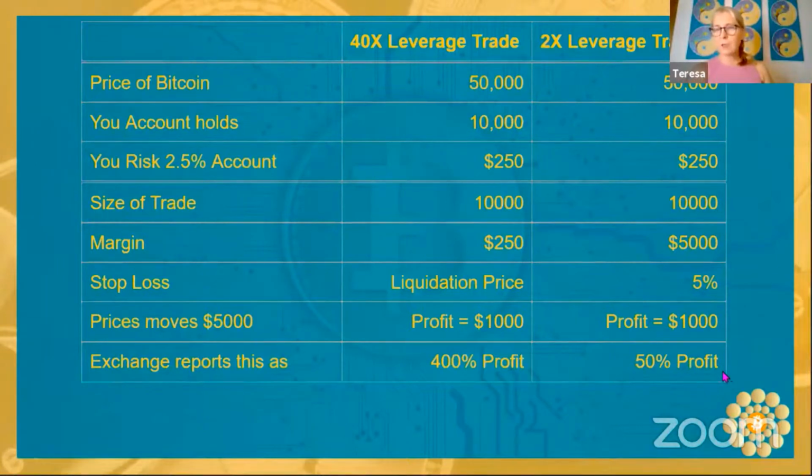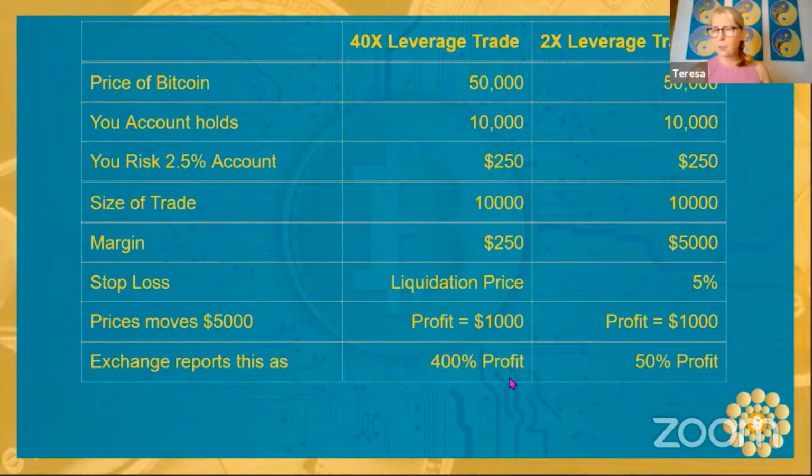And in this case, they'll tell you you made 50% profit. Well, why is that? Because the exchange is reporting the profit on what your margin was. So if you made $1,000 in this case, that was 4 times the amount of your margin. And so the exchange is going to report it as 400% profit.